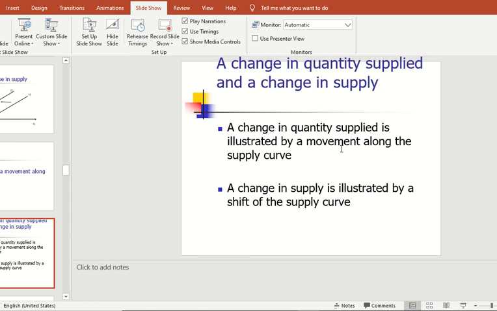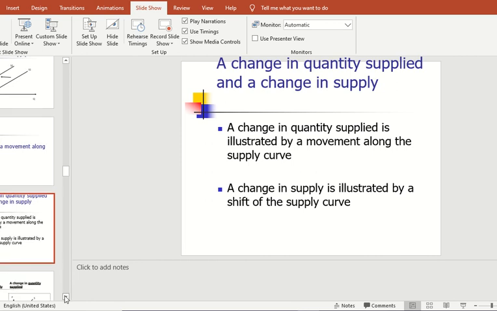Specifically, there is a difference between a change in quantity supplied and a change in supply. A change in quantity supply is illustrated by a movement along the supply curve, whereas a change in supply is illustrated by a shift of the entire supply curve.